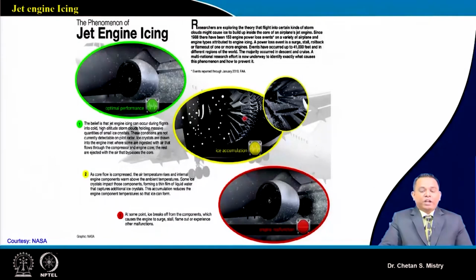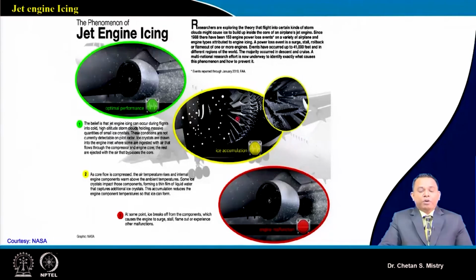When they go inside the engine, they will get deposited on the rotor blade as well as the stator blade. This deposition will give an off-design kind of configuration, because my blade shape will be changing, and that will lead to a surge kind of configuration for the engine.